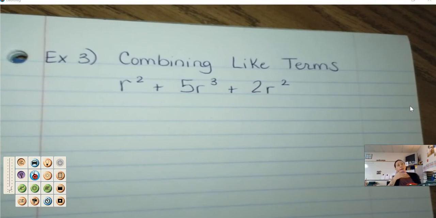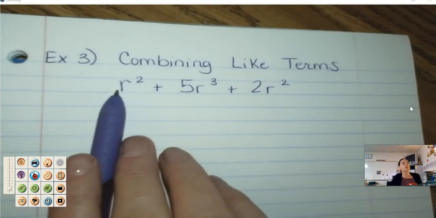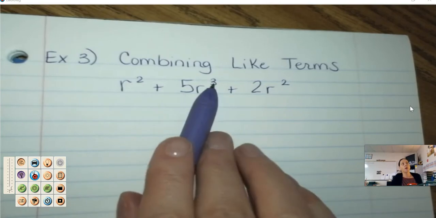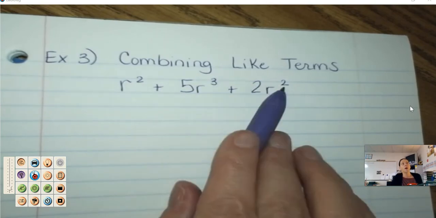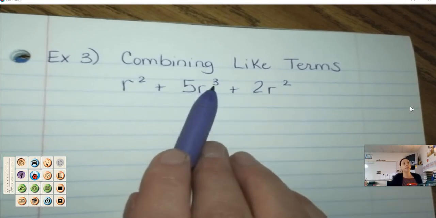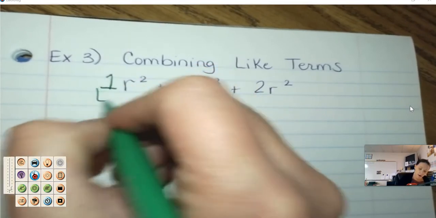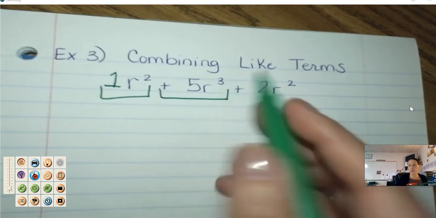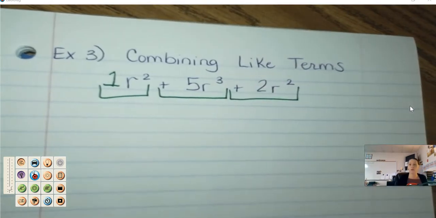But now we're going to have variables that look like they're the same, but they're not the same. You're used to there being an r, but now we have an r squared, an r cubed, and an r squared. R squareds and r cubes are not the same terms, so the exponent does matter. Here I have 1 r squared, 5 r cubes, and 2 r squareds.